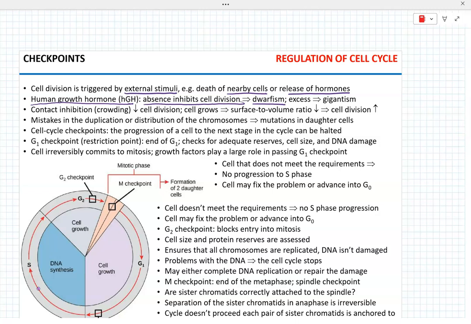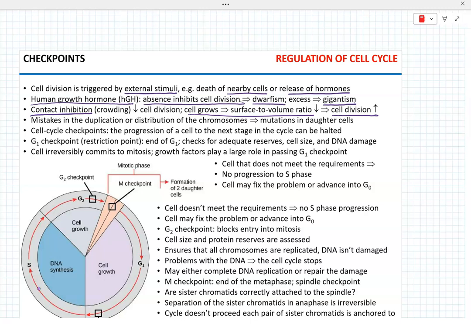In excess, human growth hormone leads to gigantism. Another type of external stimulus that can lead to inhibition of cell division is contact inhibition, when cells become very, very tight and touching each other. When a cell grows, its surface to volume ratio decreases, which, in order to facilitate survival, promotes cell division.